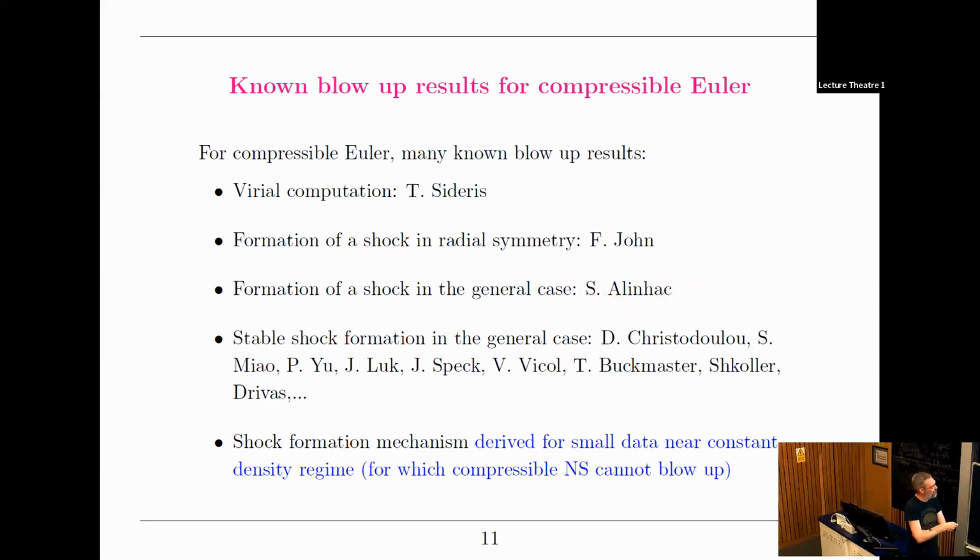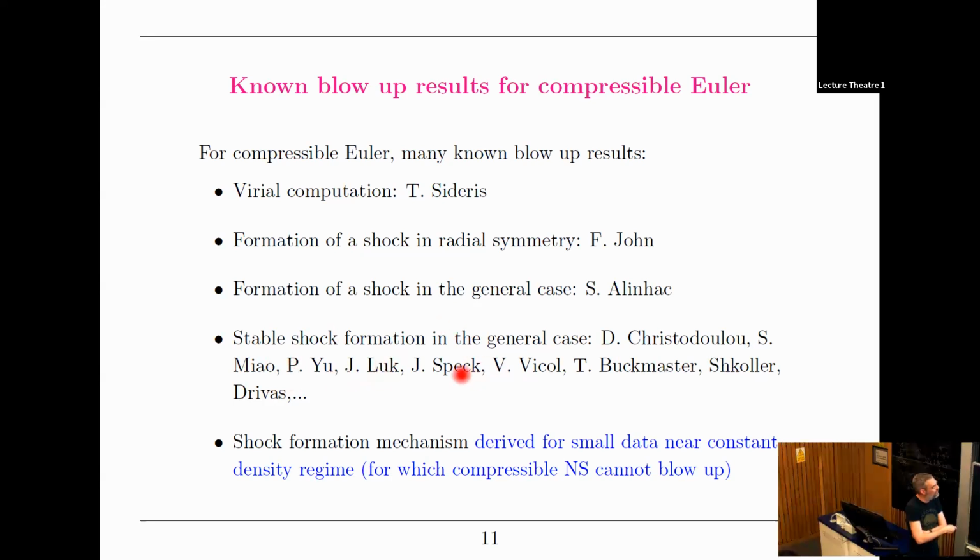And then in the wake of the breakthrough work by Christodoulou, there are lots of works on stable shock formation in the general case. In other words, without symmetry, but stable shock formation, where you really exhibit an open set of data leading to blow-up. So there is the result of Christodoulou, and then there are results by Miao and Christodoulou, and Miao and Yu.